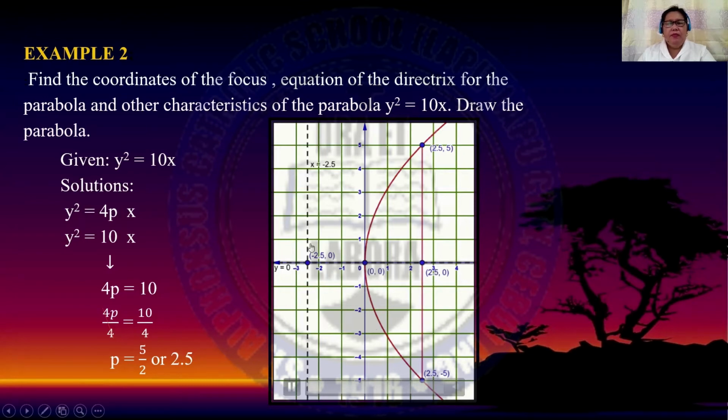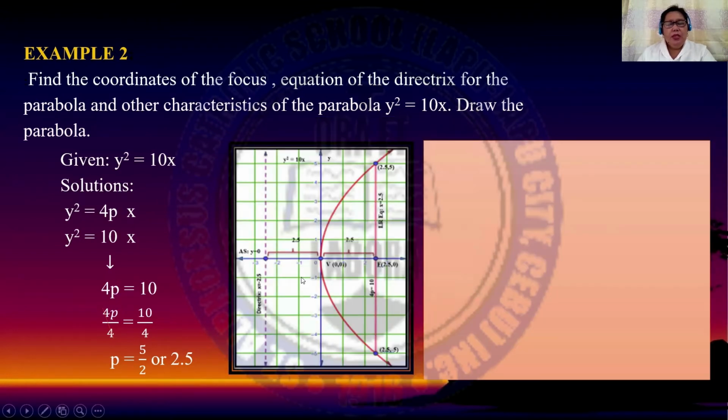And then you have the directrix passing through this point. See to it that you will label the graph properly. So from the vertex to here, that's 2.5. That's the value p. And this is the focus with the coordinates (2.5, 0).